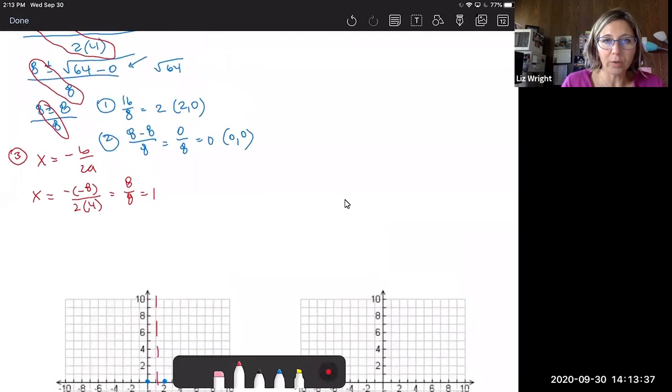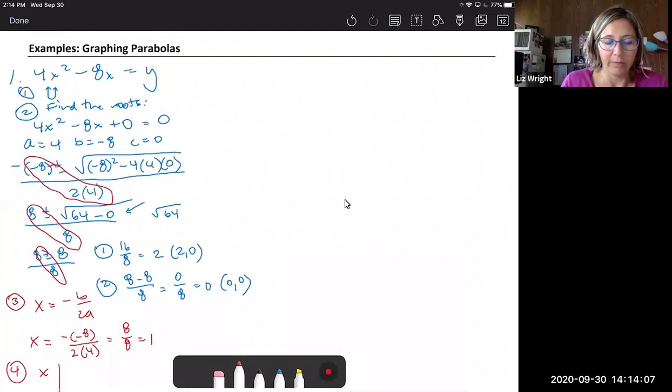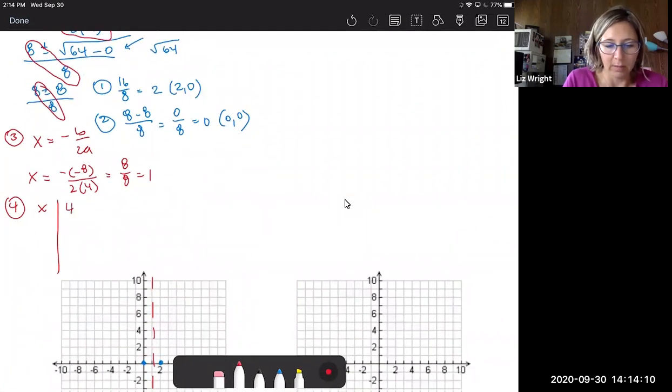This is also the x value of my vertex. So I'm going to take that x equals 1 and I'm going to plug it back into my original equation in order to get out the y value. This is kind of like the table method, right? So think about steps number 4 and 5 where you're using kind of like a table method. For example, like this, I just want to show you real fast. 4x squared minus 8x.